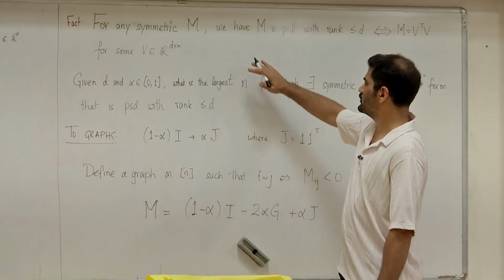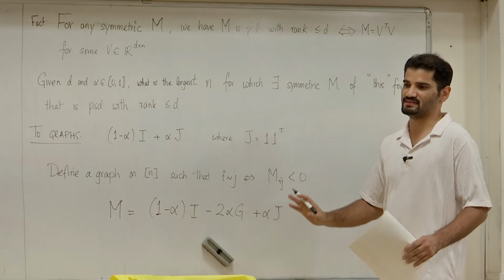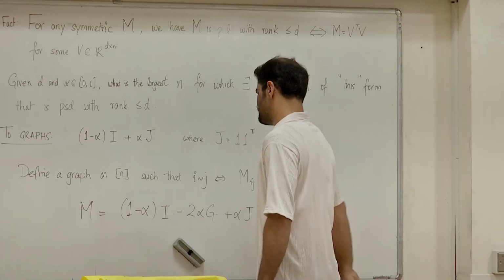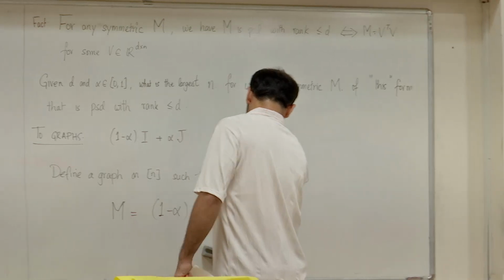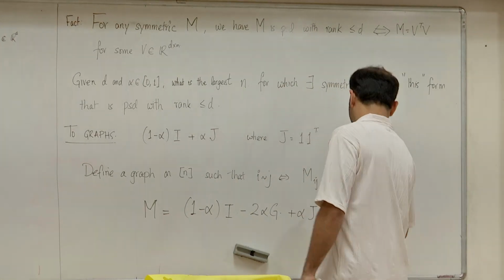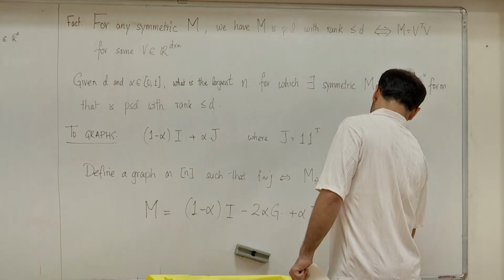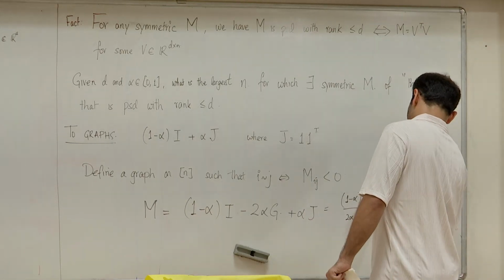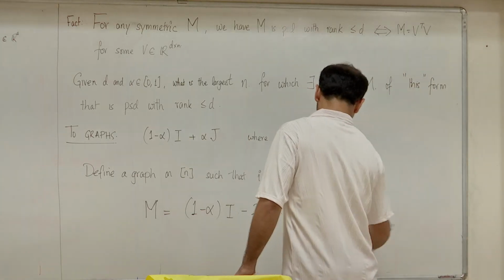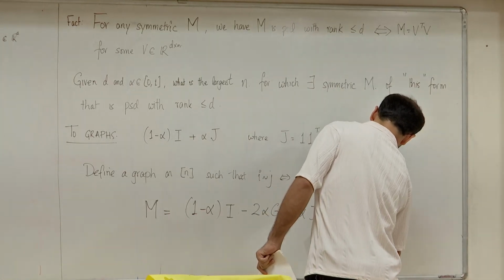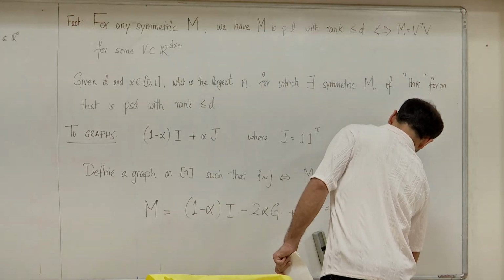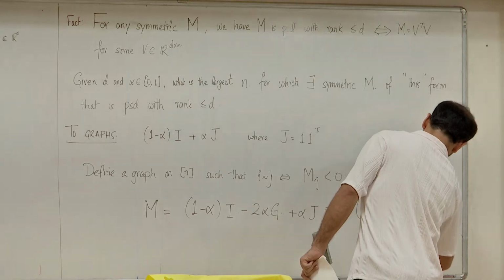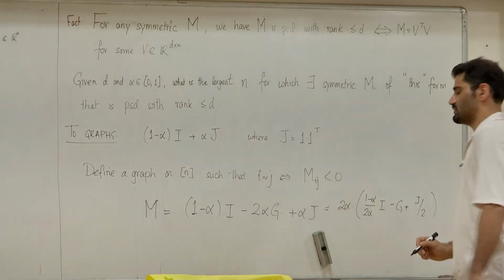One more thing, because we're talking about symmetric matrices, this graph is actually quite nice. It's an undirected graph, a simple graph, everything holds. So this thing is 2 alpha times ((1 minus alpha) by 2 alpha) I minus G plus J over 2.